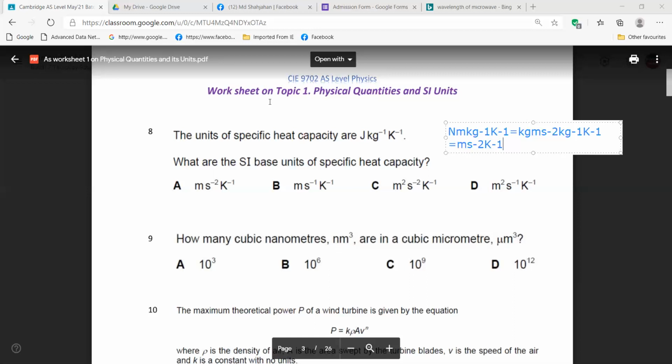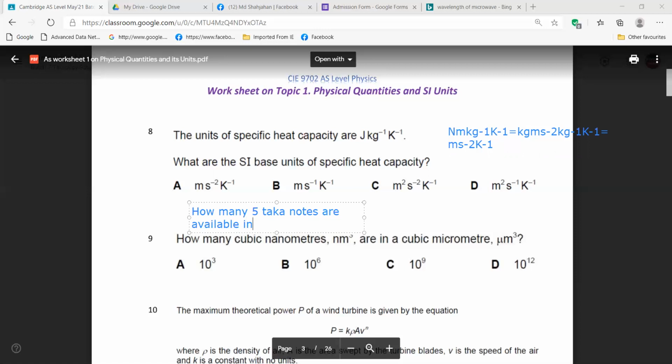Write that technique so that you can recall it easily: how many 5 taka notes are available in 100 taka.